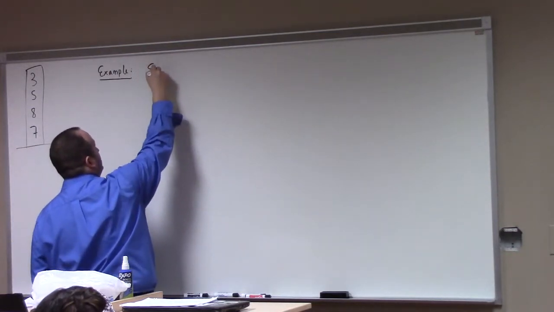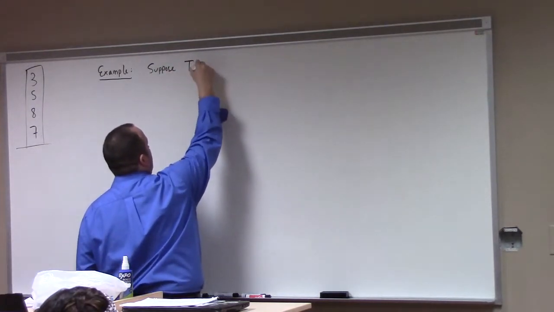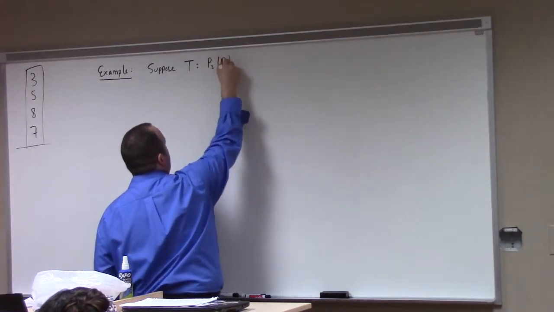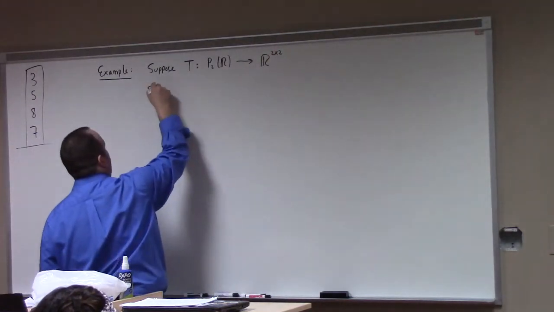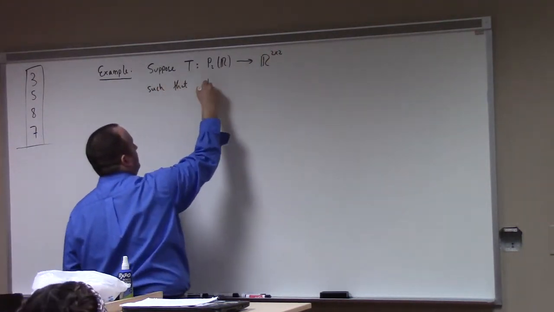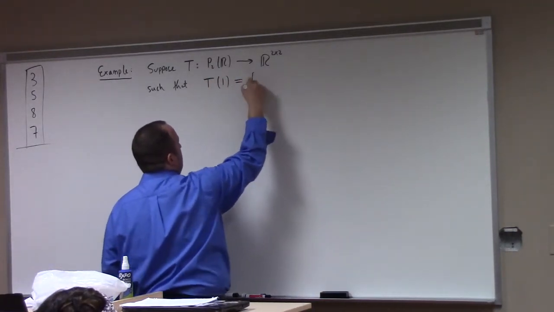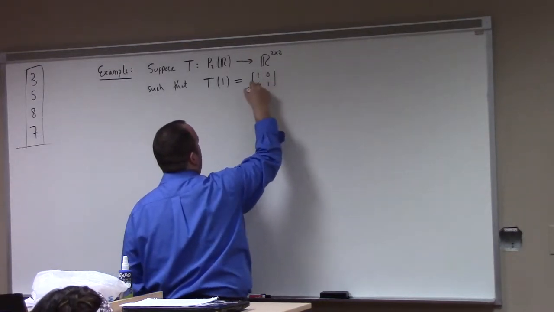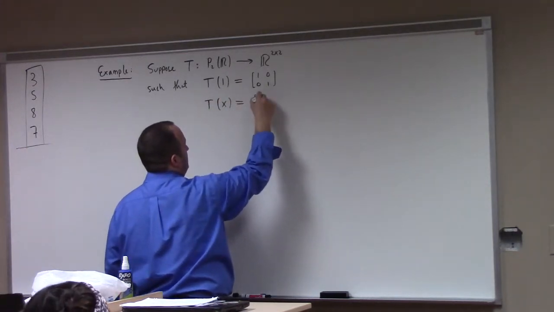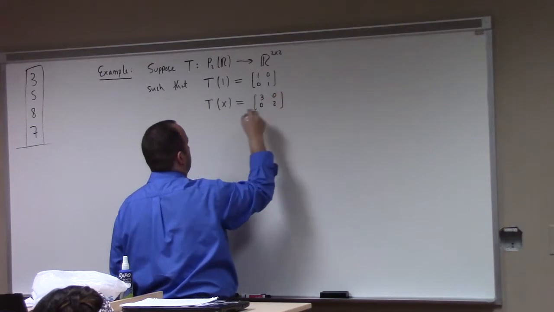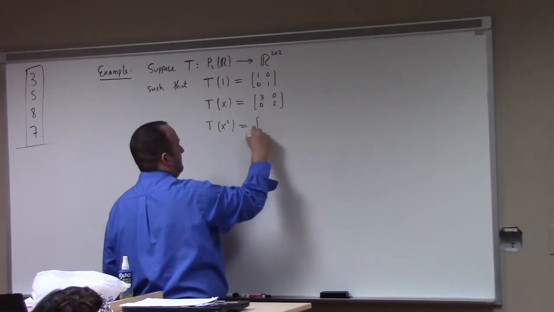Let's see here. Suppose T is a mapping from P2(R) to R^2x2 such that T of 1 is the matrix [1, 0; 0, 1], T of x is [3, 0; 0, 2], and T of x squared is 0.